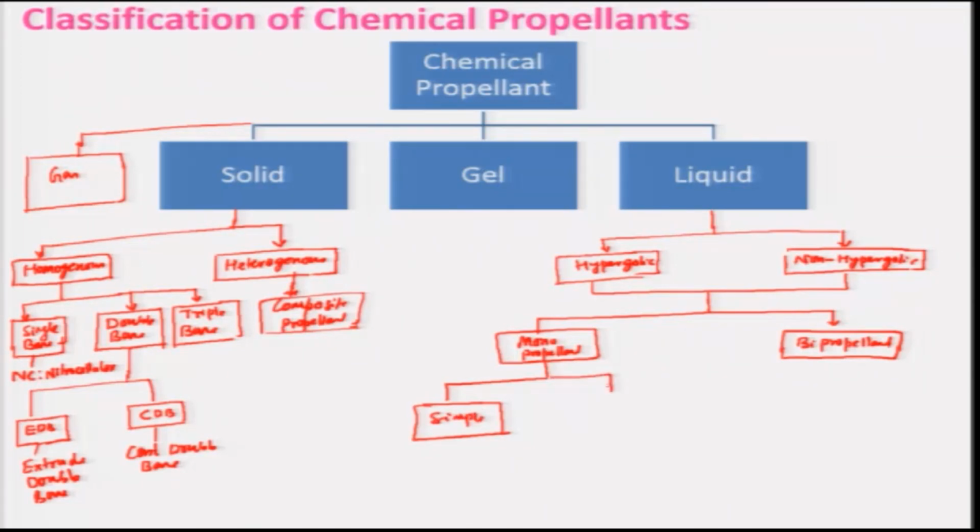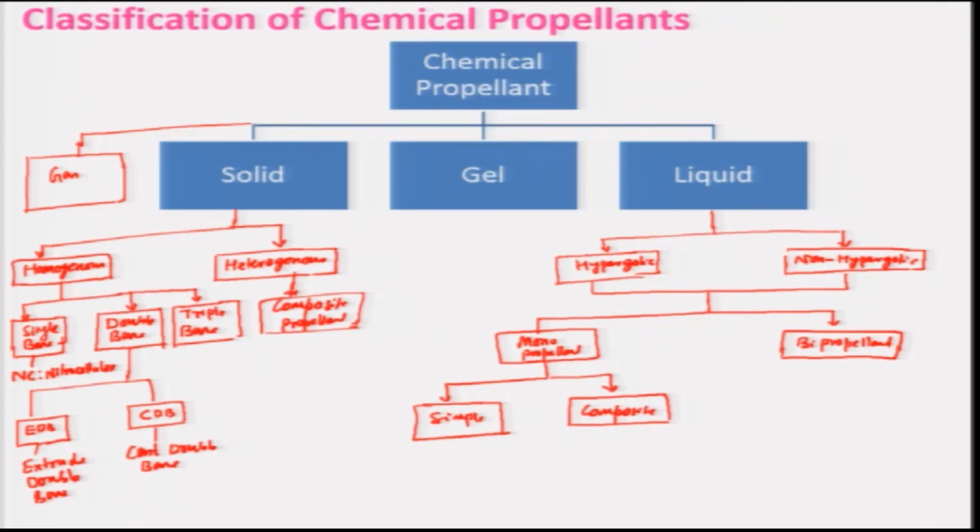And the monopropellant is again divided into simple one and composite propellant. The simple one is something like methyl nitrate, which will undergo decomposition whenever it is subjected to some kind of catalyst, and then you can get a high temperature high pressure gas.